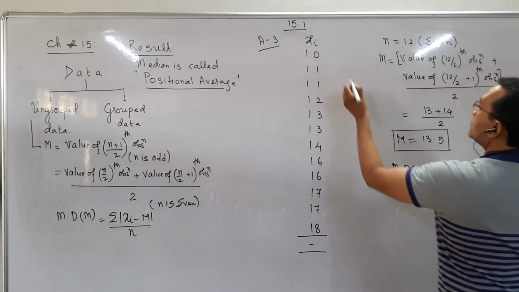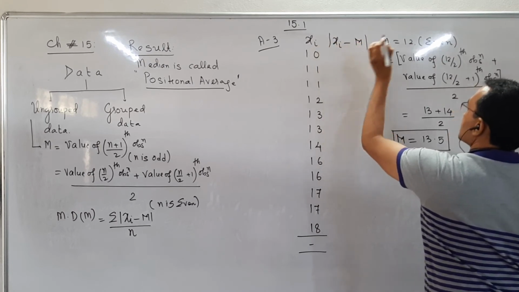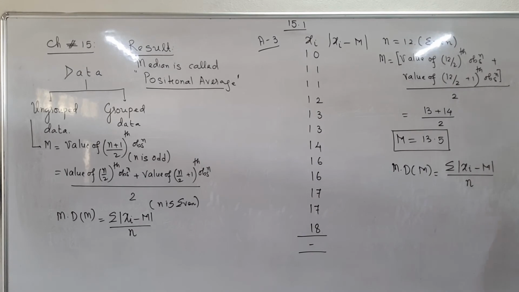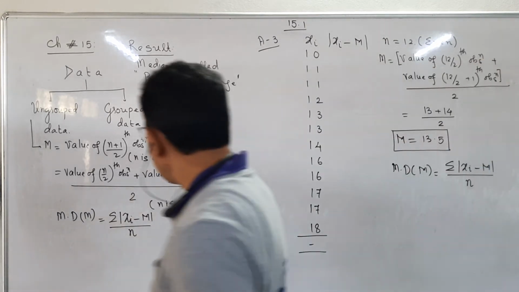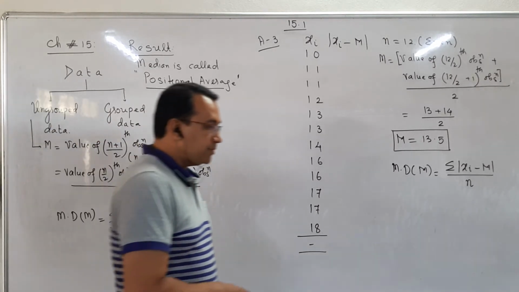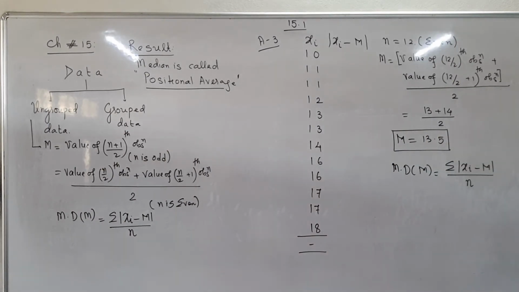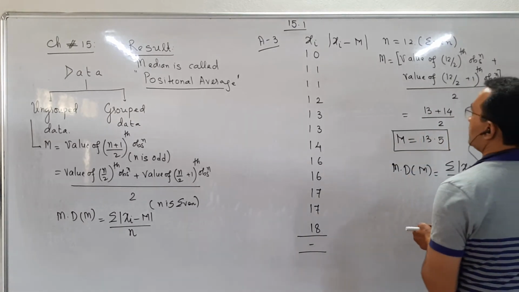So I have to make the column of mod xi minus M. From every xi, instead of the mean, I have to subtract the median because I am told to find mean deviation, students, with respect to median. Clear? Okay, 10 minus 13.5.